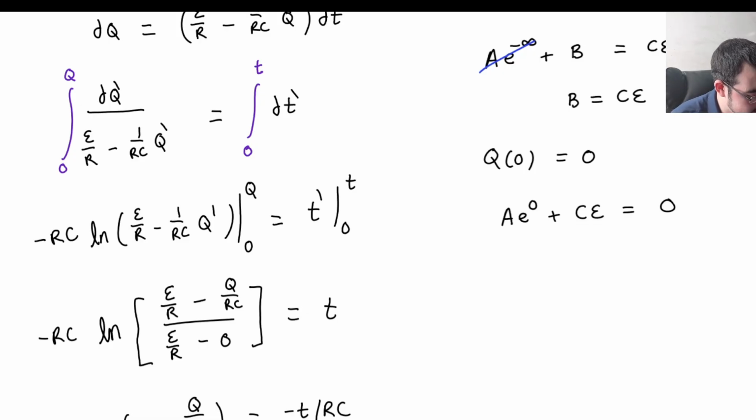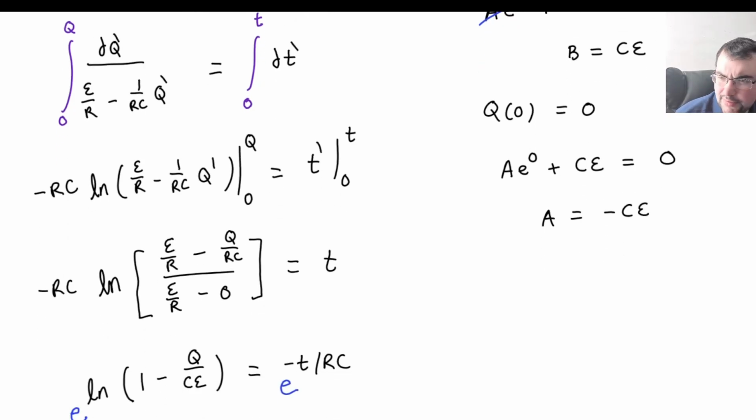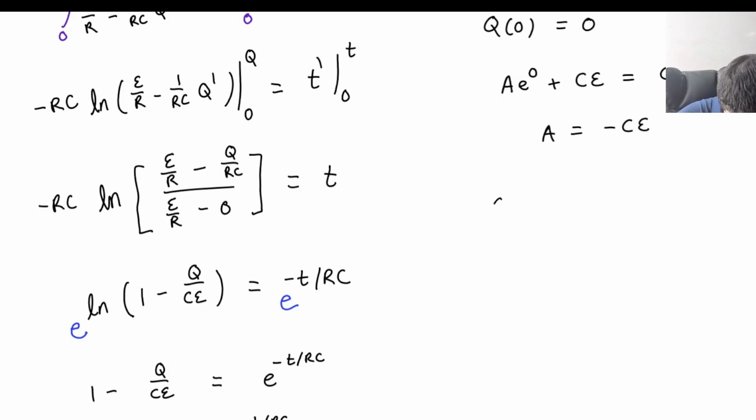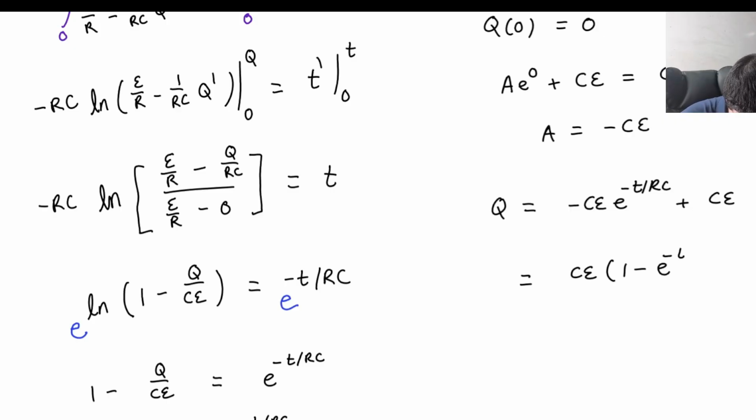E to the 0 is 1, so we see a exactly needs to cancel c epsilon. So now we've determined a and b, so we get q is equal to negative c epsilon e to the negative t over rc plus c epsilon, which is equal to c epsilon times 1 minus e to the negative t over rc, which is exactly our expected solution.